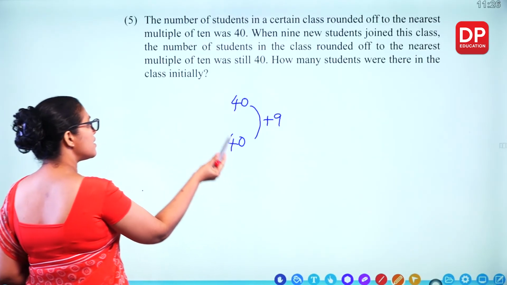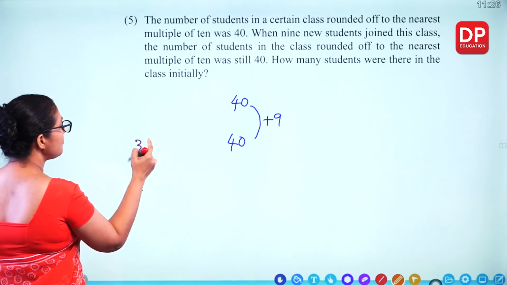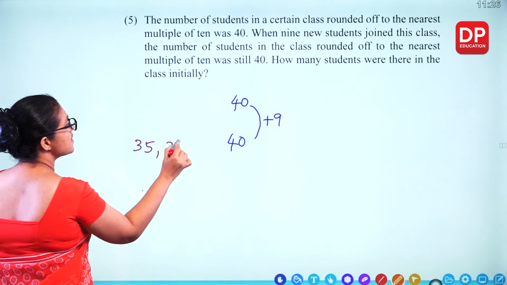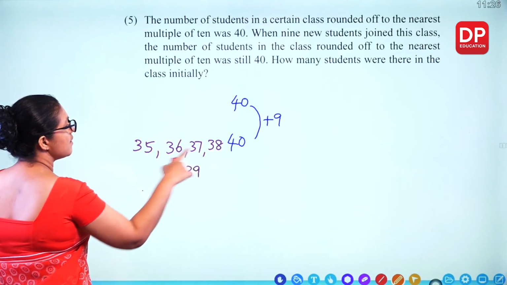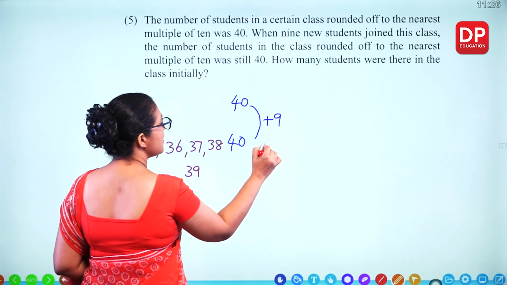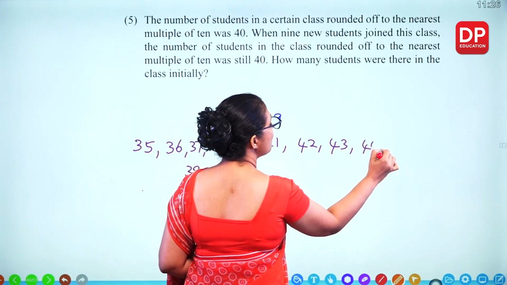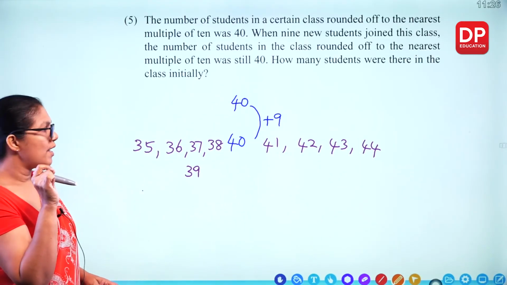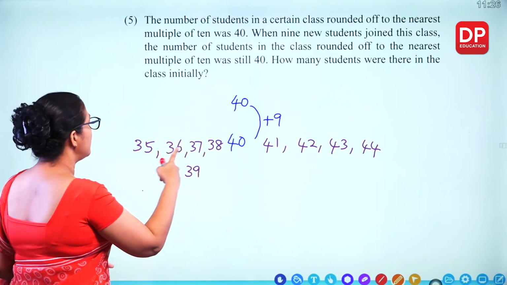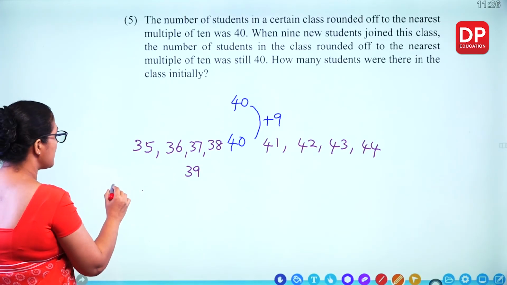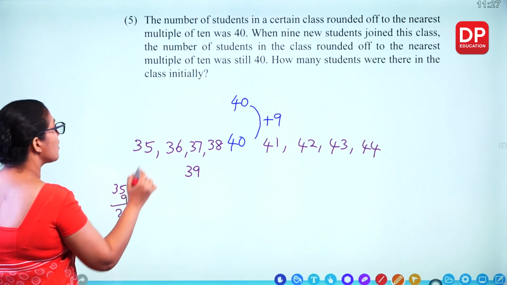What are the possibilities? Towards this side, this is 35, 36, 37, 38, 39. Towards the other side, you can get 41, 42, 43, 44. That's the maximum value. Now, 9 is added here, so we subtract 9 there. Each number, subtract 9. 35 minus 9 is 26.